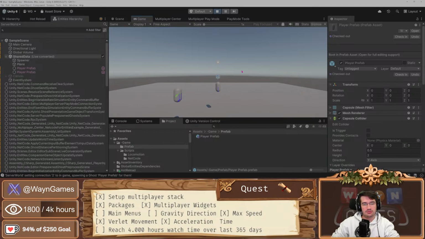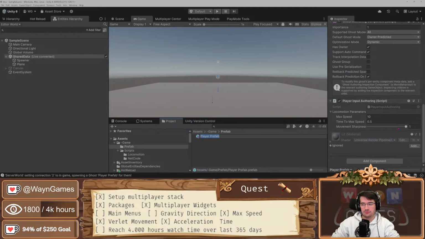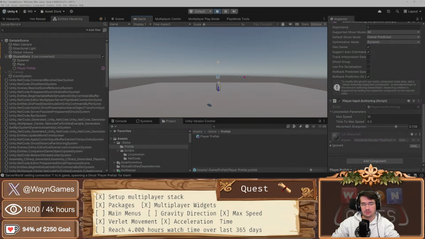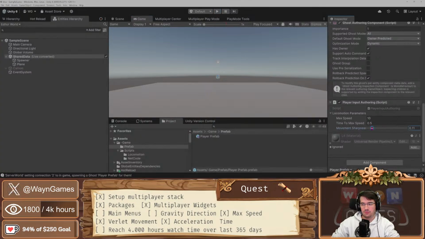Okay, so now we do have the blue, which is the gravity. We do have the green, which is my direction, and the red, which is my velocity, which are all aligned because I have very low friction or sharpness. Let's lower it even more.